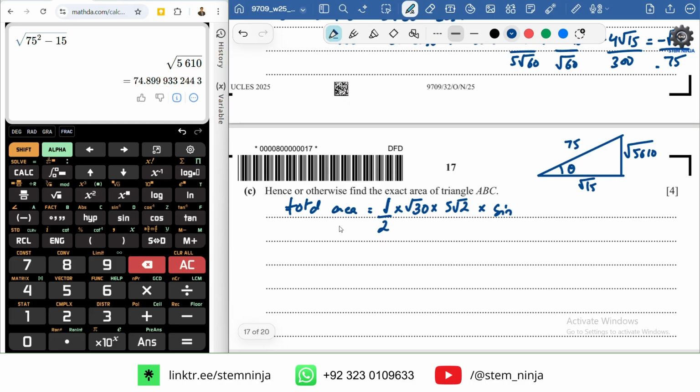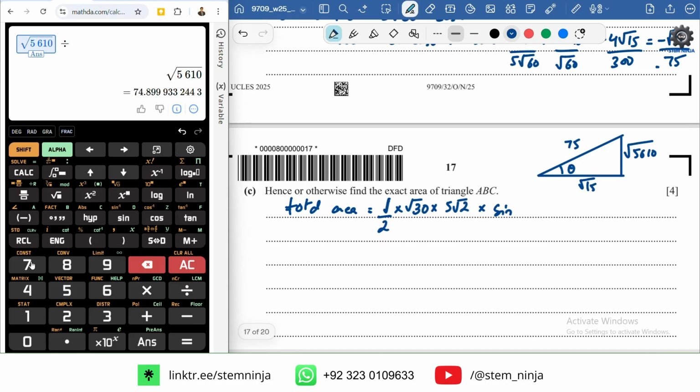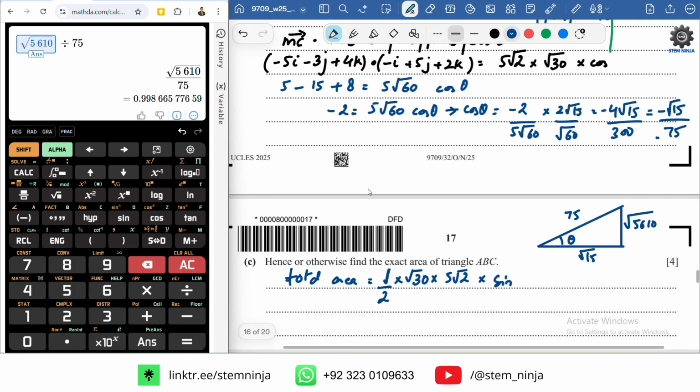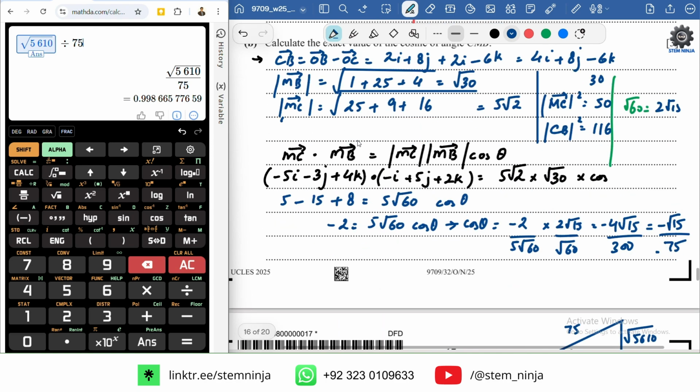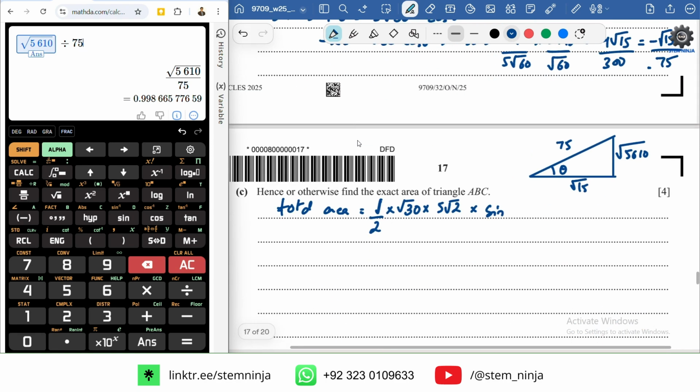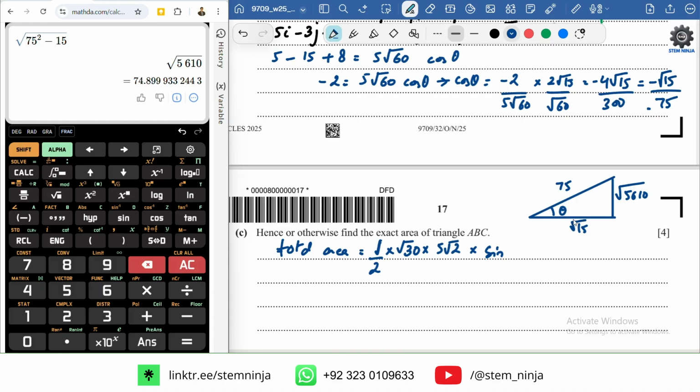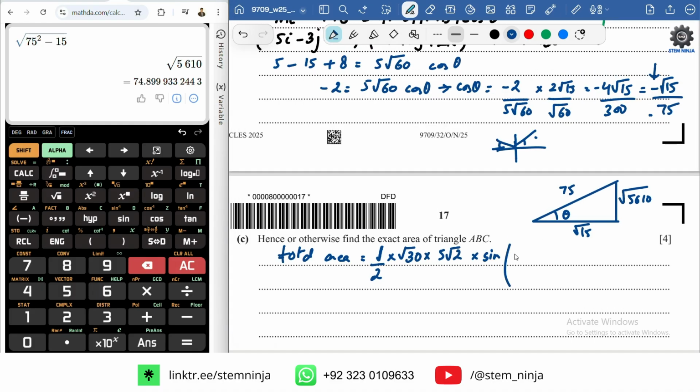Okay, now this divided by 75. Where did we make a mistake? Root 15 and this is 75. Okay, so we don't need this ratio, right? Because the ratio we already have.